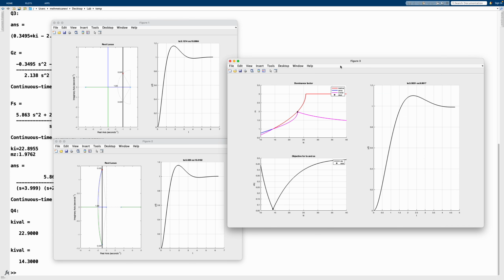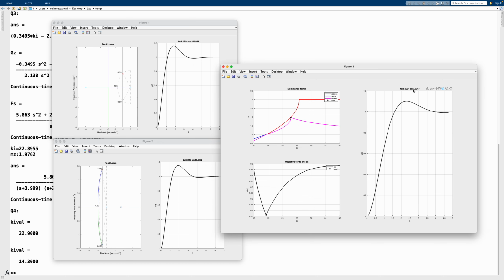There we go. Now we can see that the overshoot is exactly 10%, 9.9917, which we can just round to 10. And the settling time seems to be 3.5 seconds, with ki val 14.3. Whereas the dominant version did come up with 22.9 as the best solution here. But our solution is 14.3, a lower one.